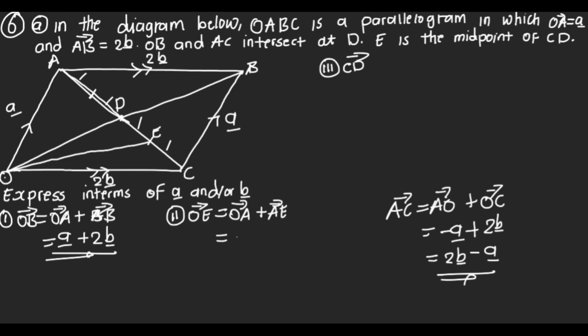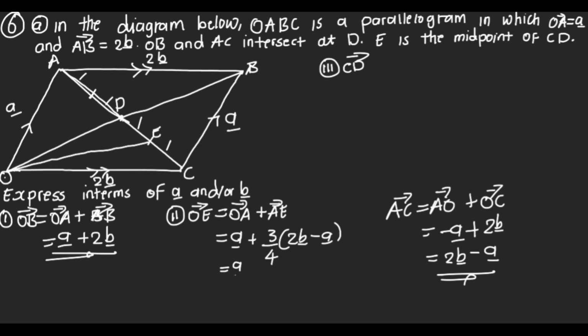So vector OA is a plus c. So AE is 3 over 4. Where is this 4 coming from? We have 1, 2, 3, 4. Now from the 4, we only want 1, 2, 3. That's why we have 3 over 4 of vector AC. The vector AC is 2b minus a.